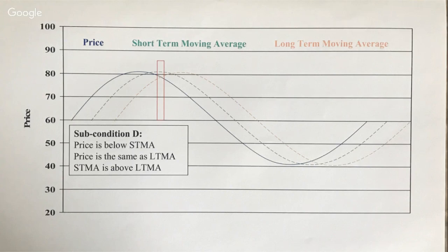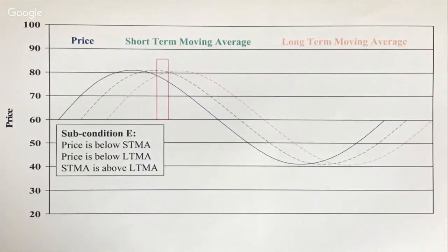Let's look at the next one, E. Okay, what's happening here? Price is clearly below both moving averages. The short-term moving average is still above the long-term moving average. And what would you call this? Well, price is accelerating down.